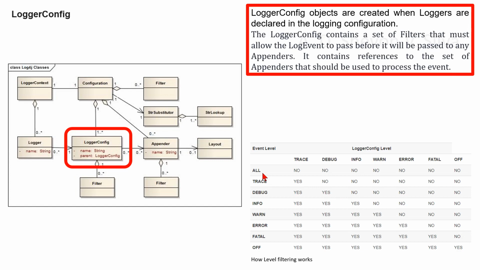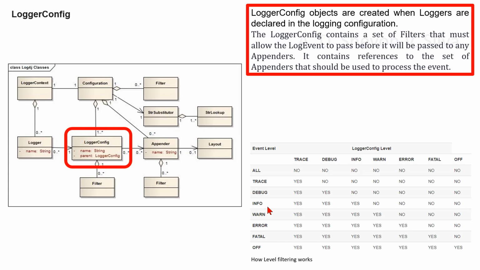Here, all means all events should be logged. Trace means the fine-grained debug message, typically capturing the flow through the application. Debug, a general debugging event.